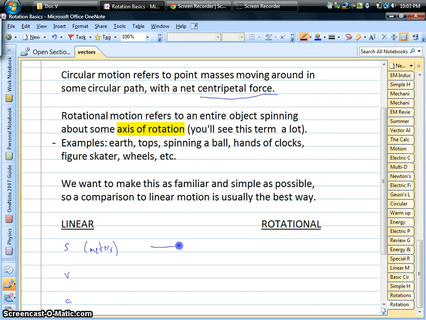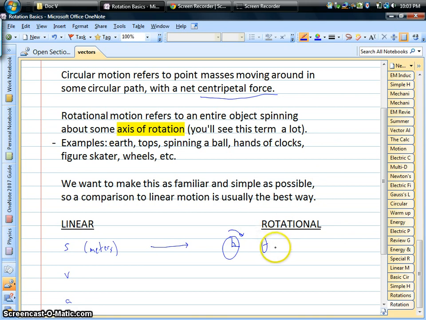And we're going to have a similar thing for rotations. If we imagine something like a wheel, and you look at a spoke on a bicycle wheel, and you rotate the thing, say a quarter of a turn, there's an angle that spoke has rotated through.